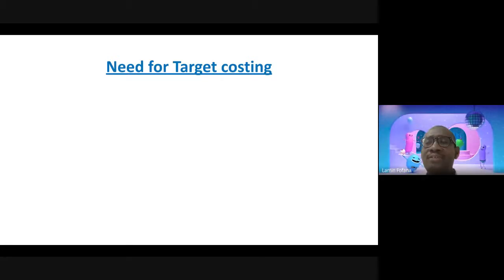The technique you have just described, that is by ascertaining all your variable costs, ascertaining your overheads, putting them together to get your total cost, and adding your profit markup on it to give you a selling price. If you use that selling price to sell your products, what I'm asking is, will it be realistic? Will it take cognizance of what happens in the market, what your competitors are selling their products for?